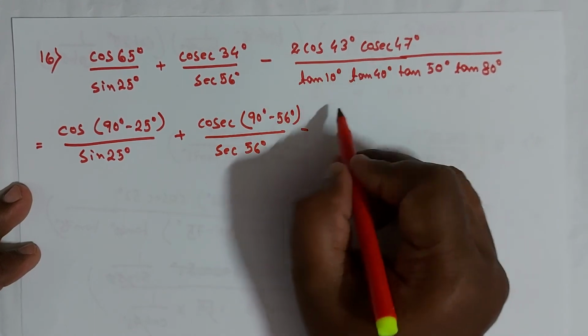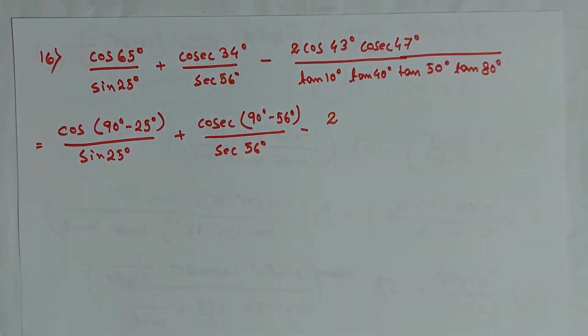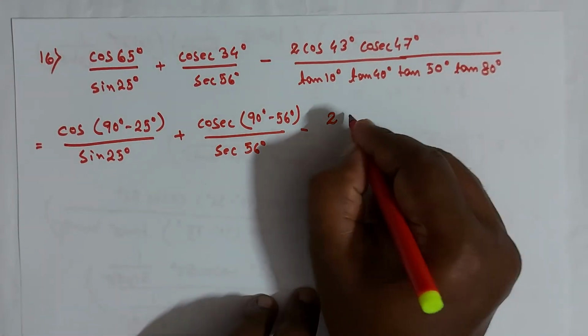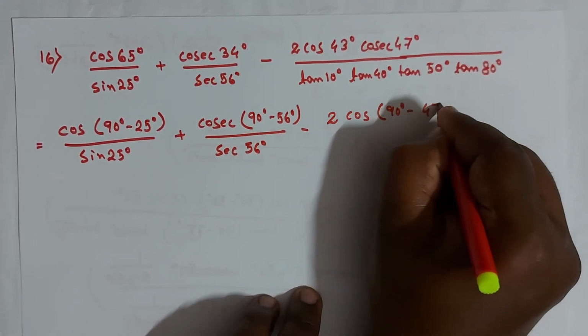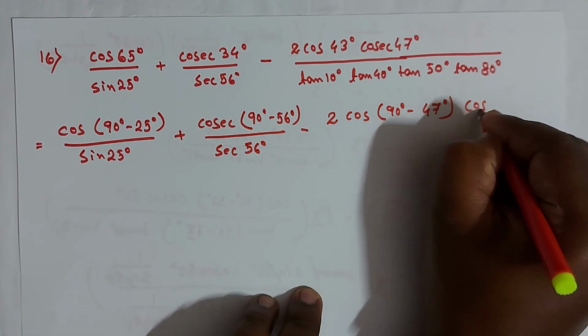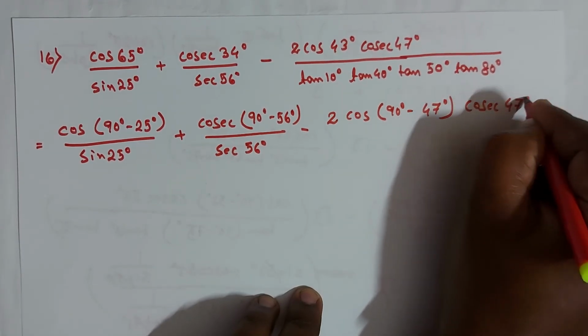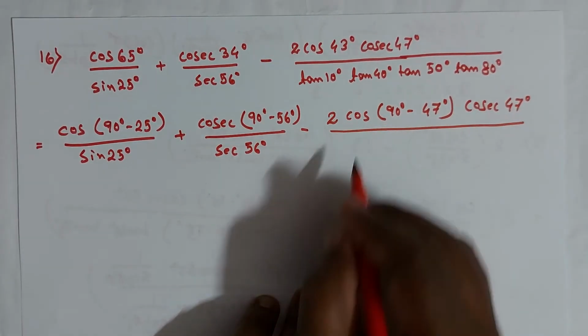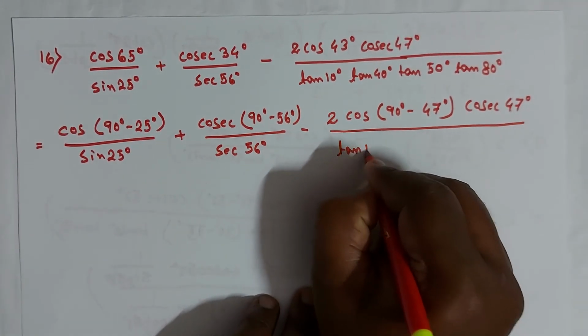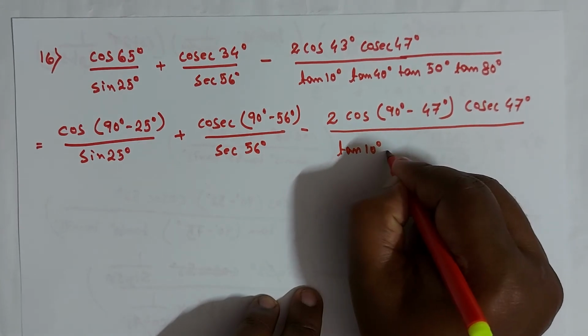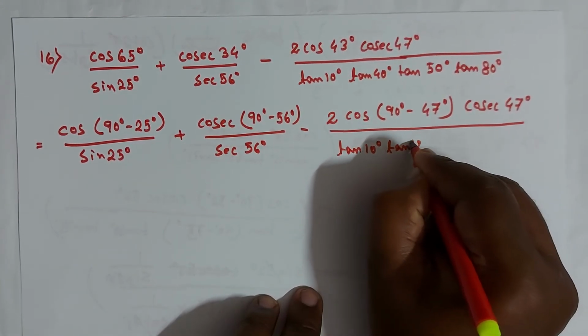Now 2 cos of 90 degree minus 47 degree, this is cosec 47 degree by tan 10 degree tan 80 degree.